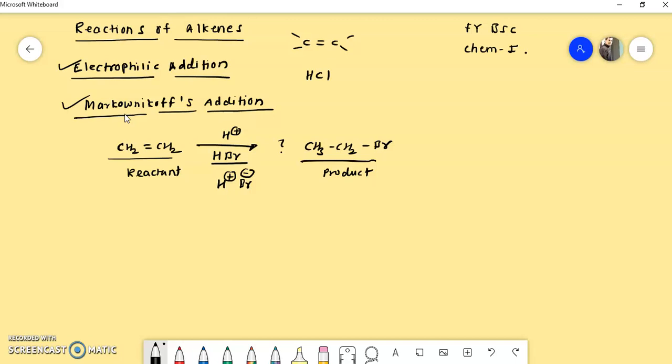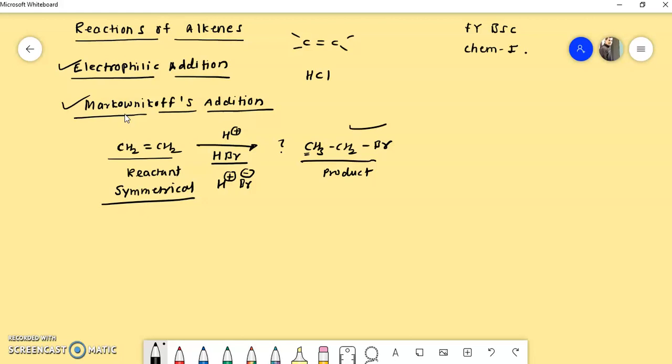You see here is a CH3 and here is the bromine. This starting material is symmetrical, that's why you can add H plus to this carbon or this carbon, no problem. You can add Br minus to this carbon or this carbon, no problem. The product is going to be the same.